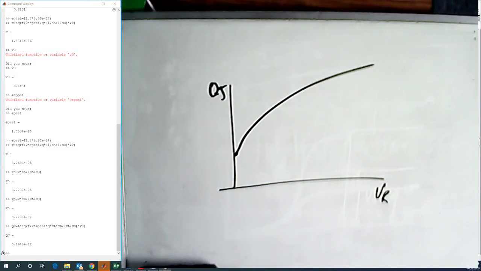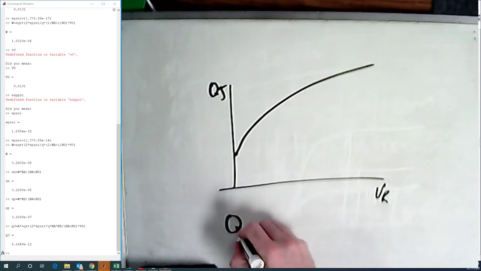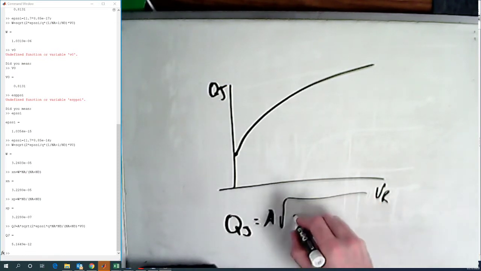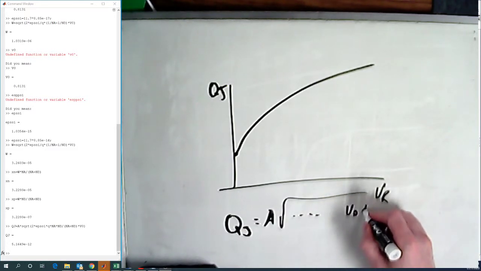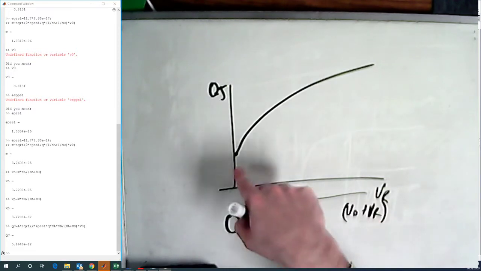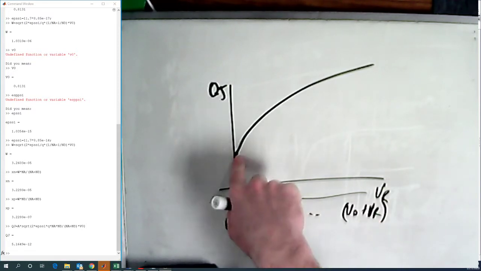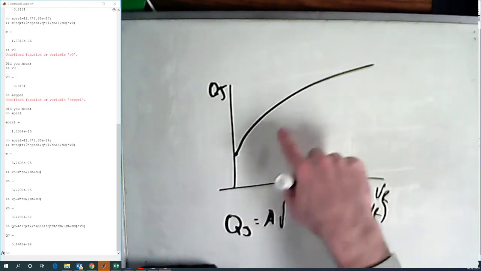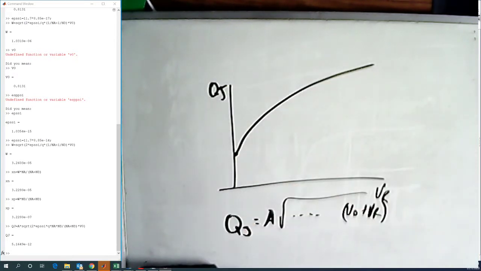It's a square root, right? So that's the equation that we just had, which is QJ is equal to A times the root of V0 plus VR. There we have an offset, so if VR is 0, we still have some junction charge that's built up there. But then it keeps on going up in this direction.